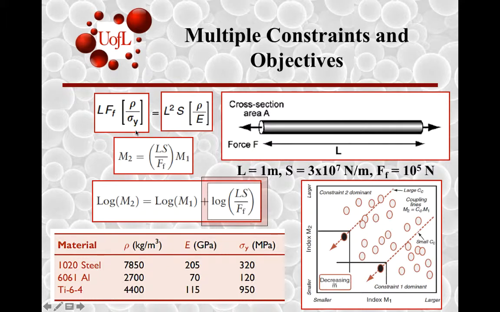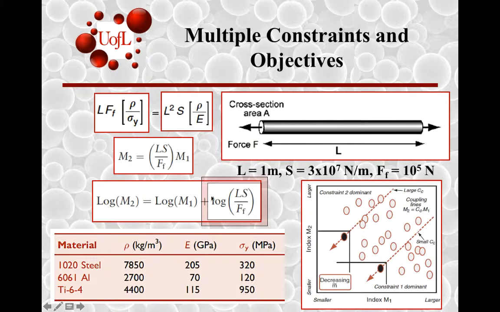Or if it's a non-logarithmic scale, what happens if we begin to change the slope? Let's give it a try in terms of what happens when you plot the material index of rho versus E versus rho versus sigma_y. Give it a try on EduPack and look at whether you can come to this answer for Ti64 alloy.